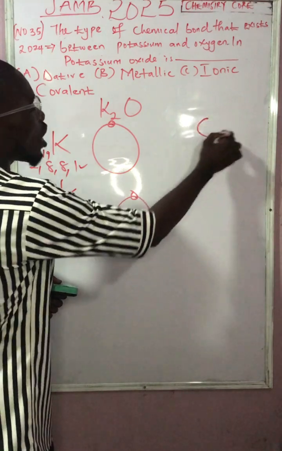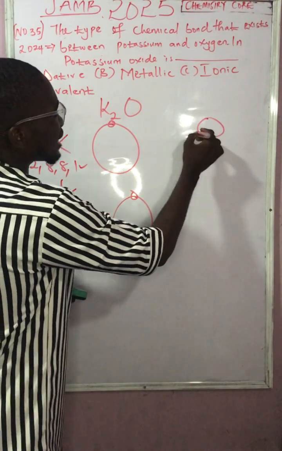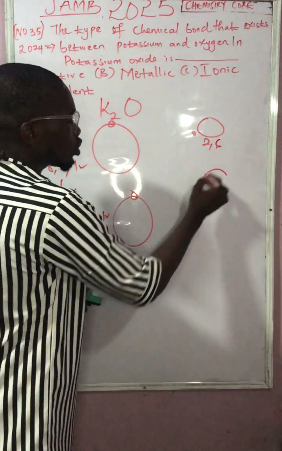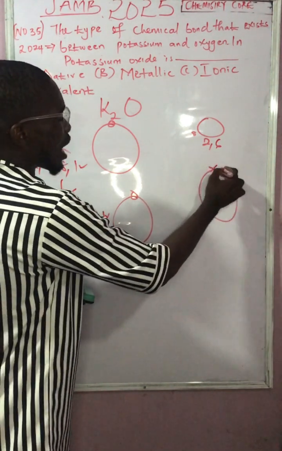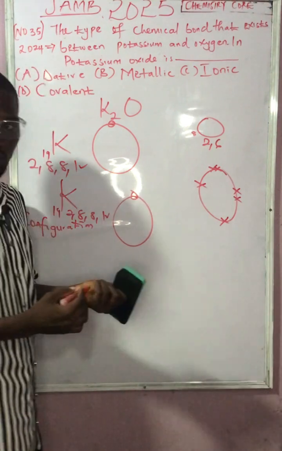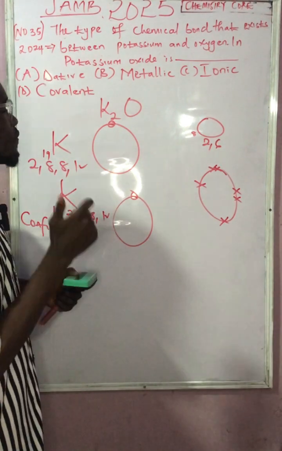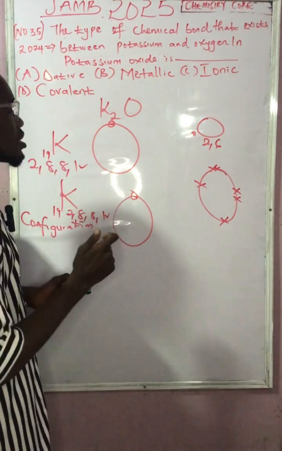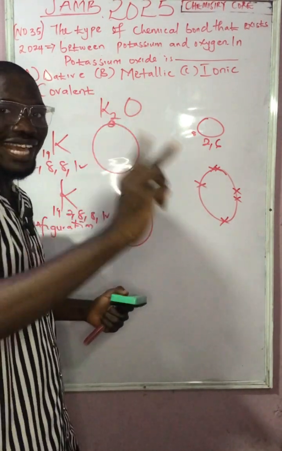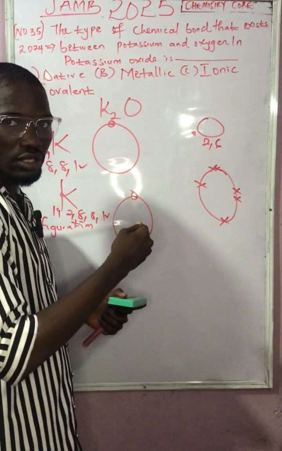And here we have our oxygen, which is what? The atomic number is 8. And we have 2, 6. So the outer electron of this is 1, 2, 3, 4, 5, 6. It is very obvious that this oxygen needs 2 more electrons to attain its octet state.